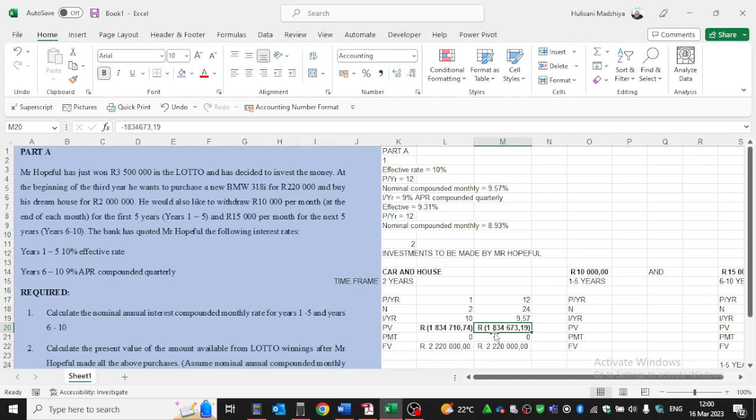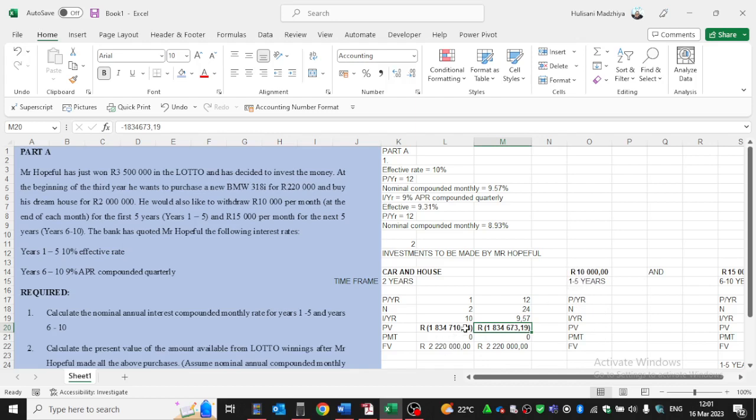So this is the amount that he has to invest today to accumulate 2,220,000 at the end of 2 years. Then from there we're going to say, therefore, if he's also going to be withdrawing 10,000 per month, how much should the investment be for this withdrawal of 10,000 per month from year 1 to year 5 to be achieved?